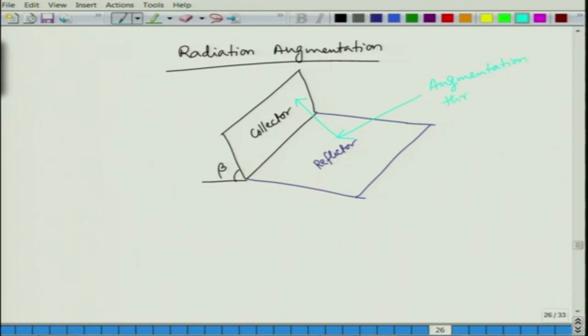Augmentation through increased reflection from the reflector.